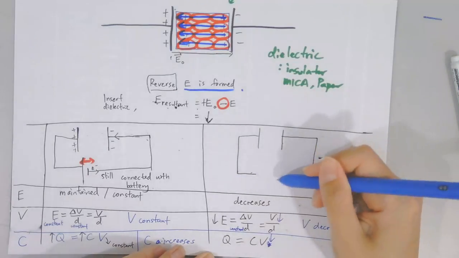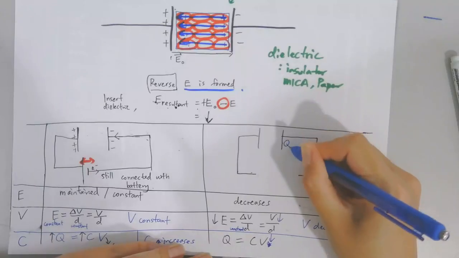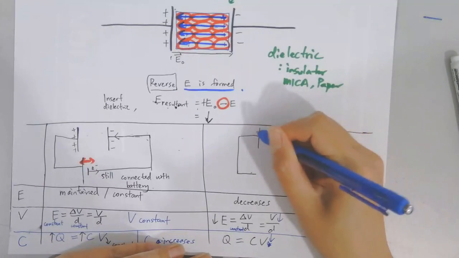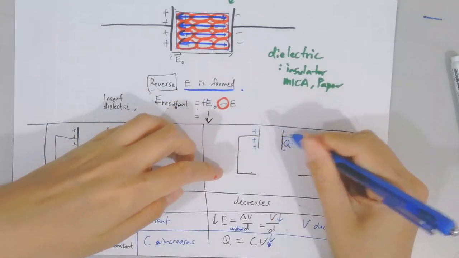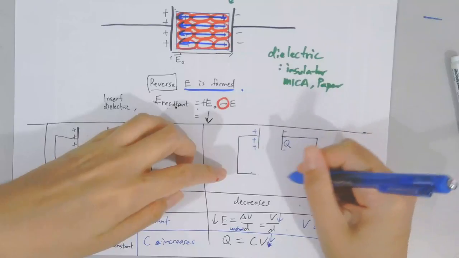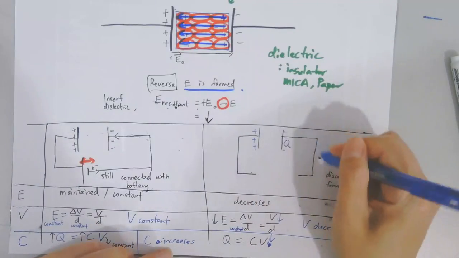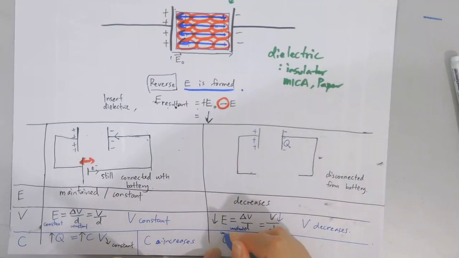Tidak, di sini tak ada bateri. Charge yang asalnya dekat sini tak ada tempat untuk mengalir pun, litar sudah putus. So it means that Q in this case will be constant.